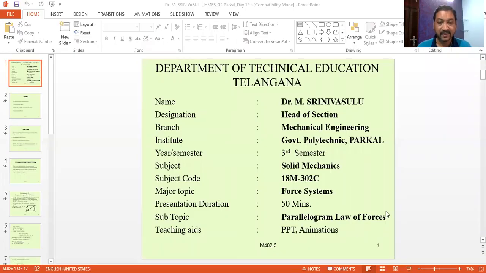So in the force systems, today we discuss the parallelogram law of forces.